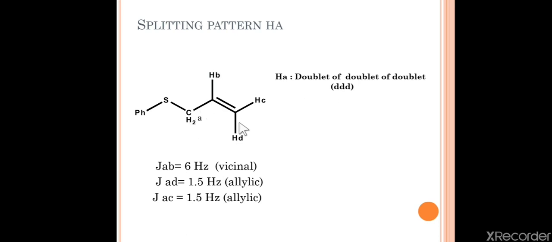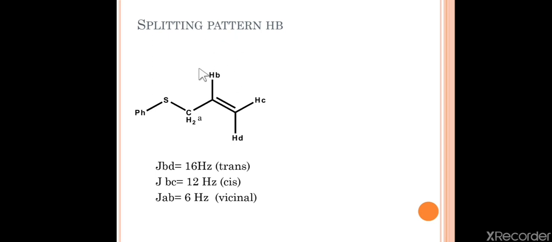Okay, now let's go for another proton, HB. HB is very interestingly situated in this example, because it is splitting with HC and HD in the form of doublets, and also it is splitting with this CH2 in the form of a triplet. So it will show the triplet of doublet, or doublet of triplet of doublet. Now for HB, the largest coupling constant is of course the trans coupling with HD, so we need to consider the doublet first, after that the cis coupling, again a doublet, and after that the vicinal coupling, which is 6 Hz.